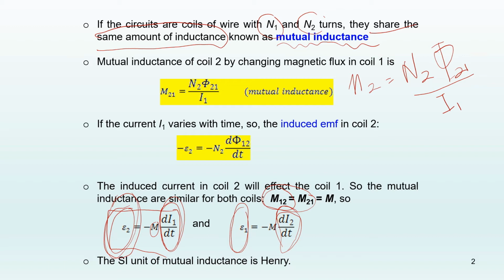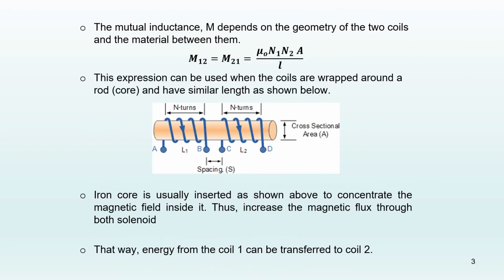So the formula is the same. The SI unit for inductance is Henry, same as inductance. At the end, when derived, the mutual inductance for both coils gives the same formula, which is mu naught N1 N2 A over L.